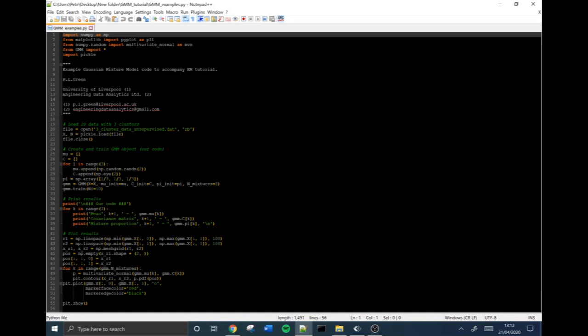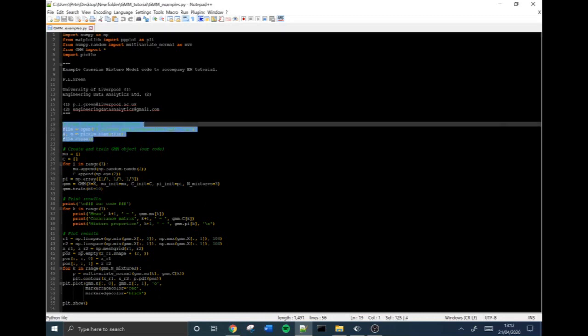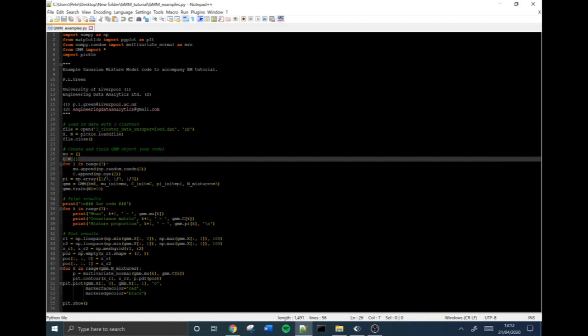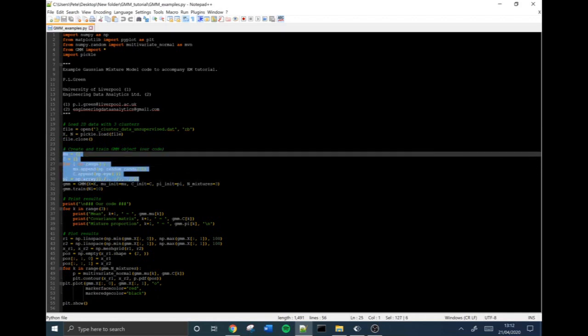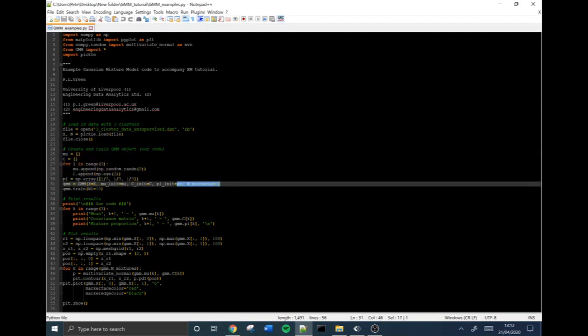So here's our code. In this part we load some data. Here we specify our initial guesses at the means, covariance matrices and mixture proportions. We then create a Gaussian mixed model object where we specify how many Gaussians we're looking for.